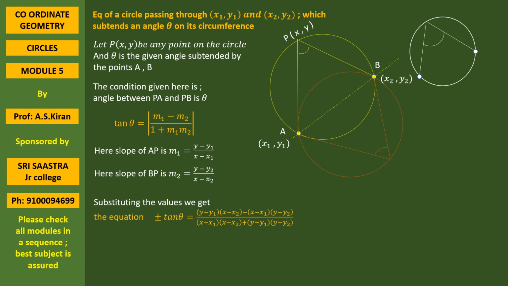In the formula, if you consider plus, there will be one circle equation. If you consider minus, there will be another circle equation.